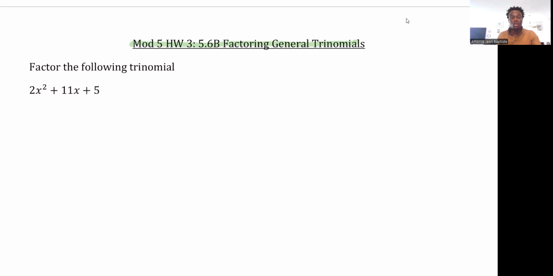The monic trinomials are when you have an expression like ax squared plus bx plus c, and the a value is 1. So that means with the x squared variable, you would not see anything, which means the coefficient is 1.